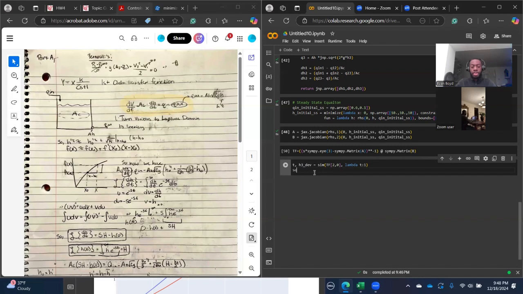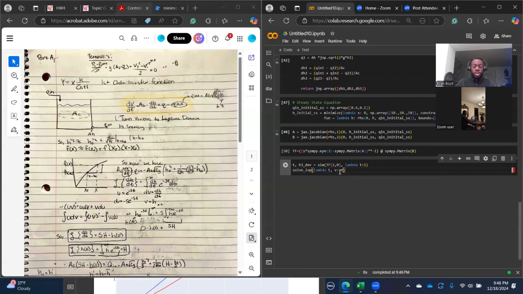So now we do our solver. Solve IVP, we'll do lambda again, and this would be with respect to t and v, so our time and our height. I keep spelling lambda wrong.